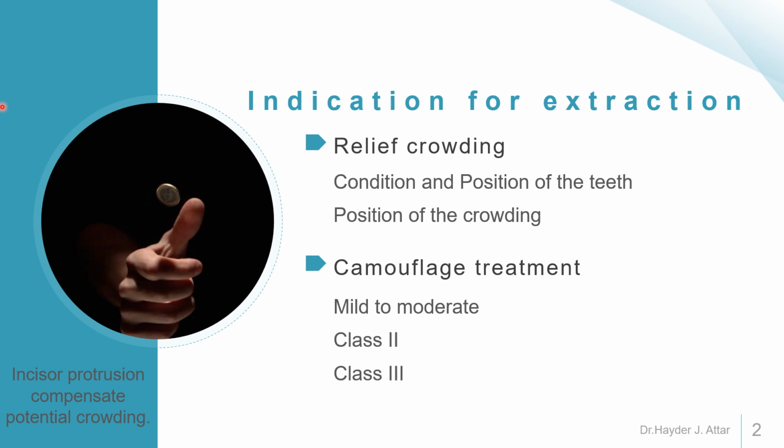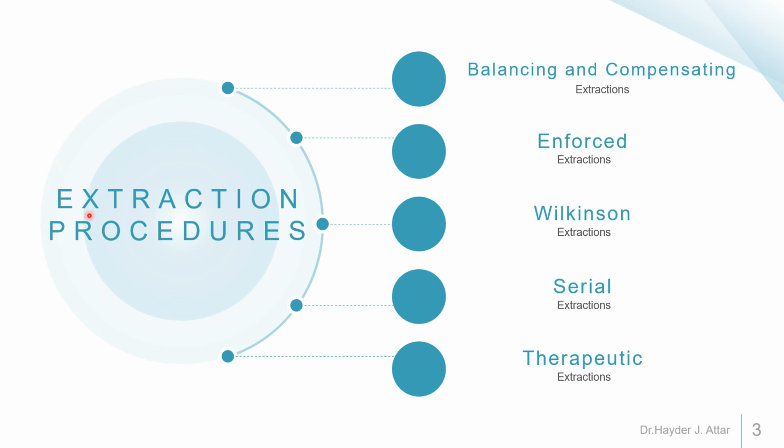In class 3 cases, it is preferable to extract in the lower arch. The extraction procedures in orthodontics are balancing and compensation extraction, enforced extraction, Wilkinson extraction, serial extraction, and therapeutic extraction.